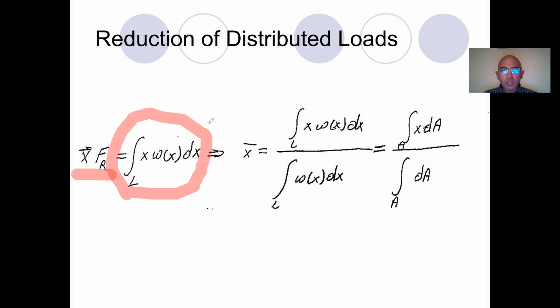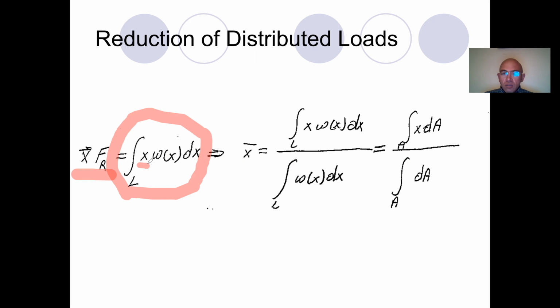Now, if I choose a coordinate system, as you remember, I choose a coordinate system along the beam and it is x. In fact, I can take the moment with respect to any point. Certainly, I take the moment with respect to the origin.